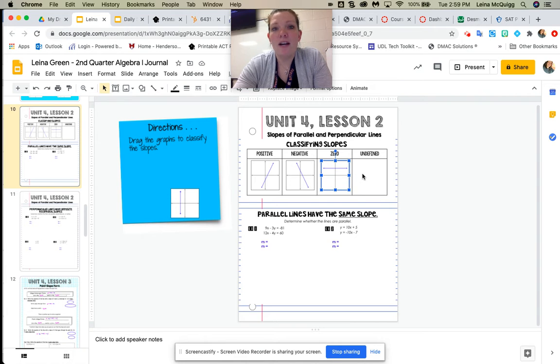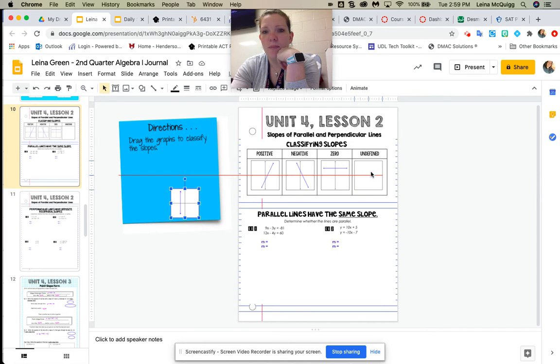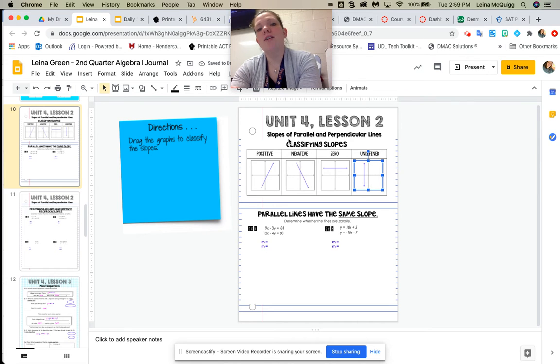And then an undefined slope is something that's straight up and down. It's like the wall. You can't walk up the wall. It's undefined. So we call this an undefined slope. So that's what this is right here. Straight up and down. So positive slope is increasing, a negative slope is decreasing, a zero slope is a horizontal line, it's like walking across the floor, and an undefined slope is when it's vertical, it's straight up and down, okay?